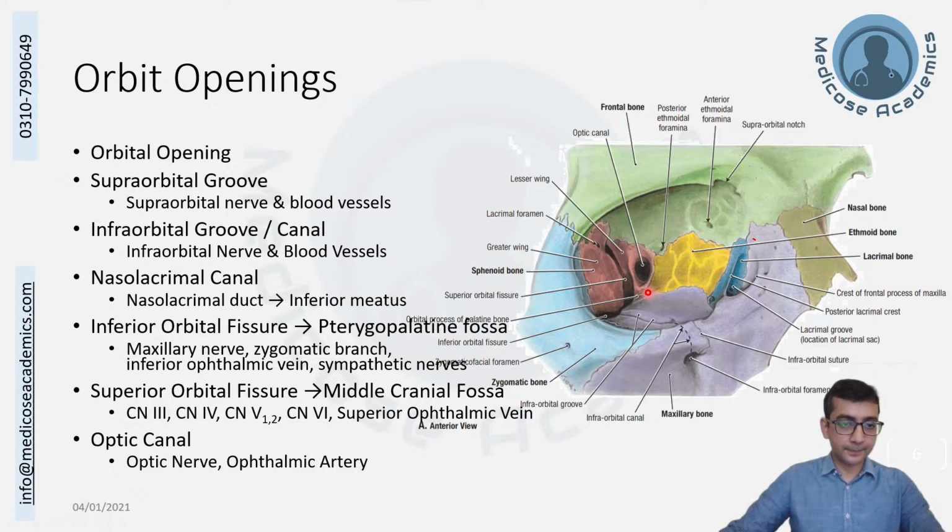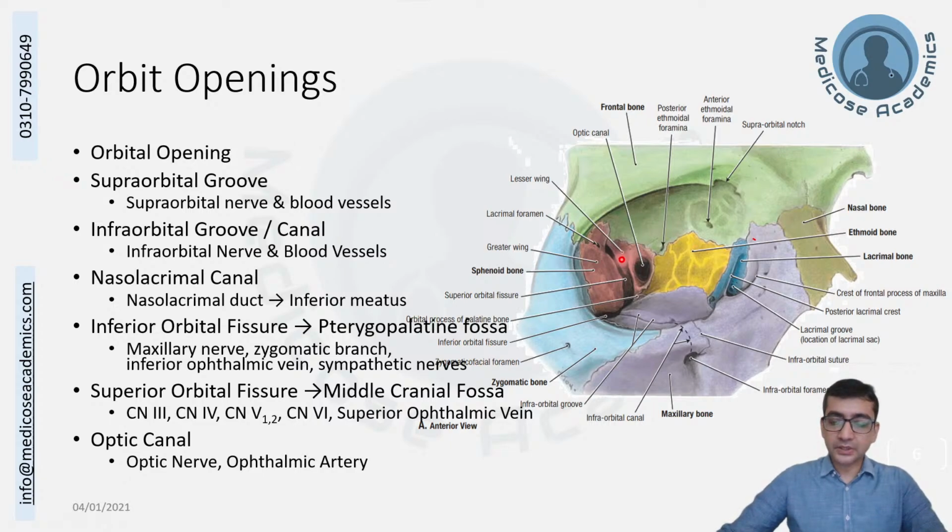If we look at the back, there are two fissures, this one and this one. The slit that is going upwards and laterally is known as the superior orbital fissure.